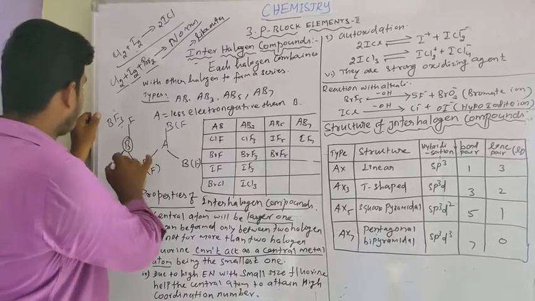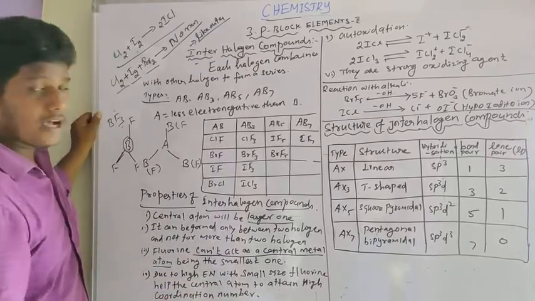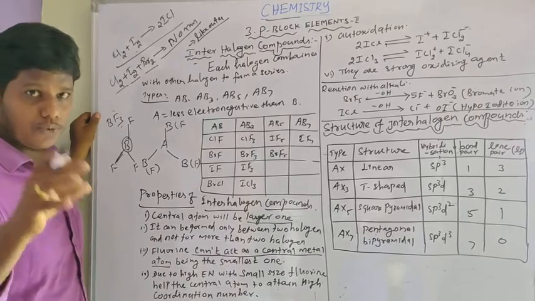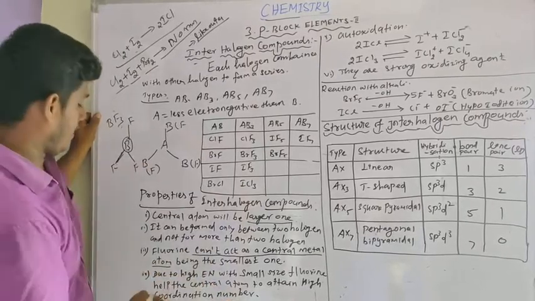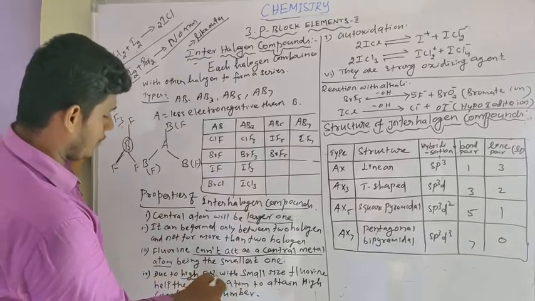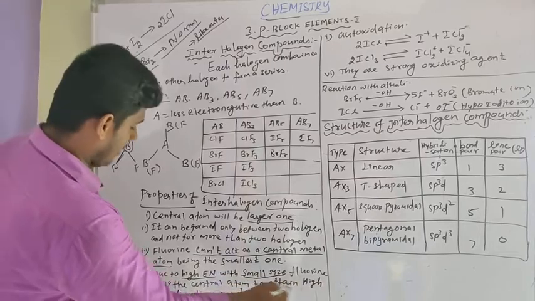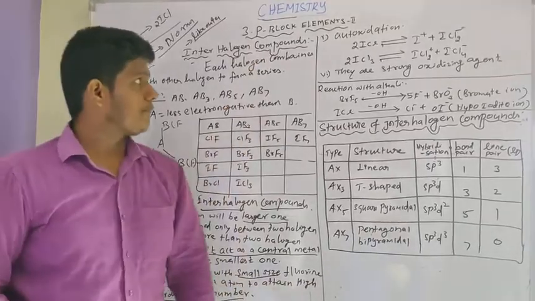To form a coordination bond, because fluorine is a highly electronegative atom with small size, it bonds to the other atom. So the high electronegativity and small size of fluorine help the central atom attain a high coordination number.